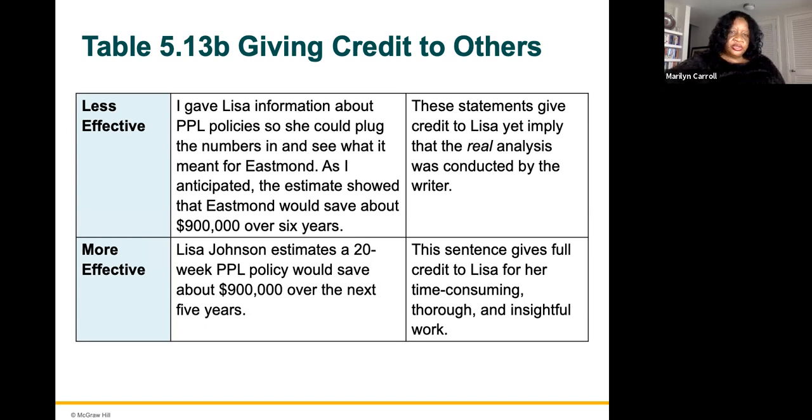Now, if you're a manager, a good way not to take credit for somebody else's work and to uplift your employees would be statements like this. You give the person's whole name: Lisa Johnson estimates. Now, you're the person in front of the other ranks giving it. So you're giving credit to Lisa Johnson so that Lisa gets that credit.